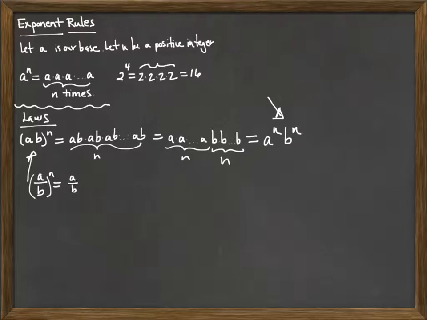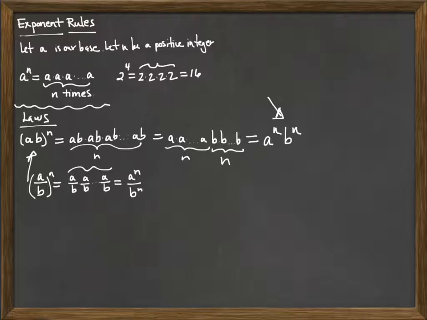We get a over b times a over b times a over b, n times, which the top becomes a to the nth and the bottom becomes b to the nth. So with a quotient, our exponent distributes to both top and bottom.